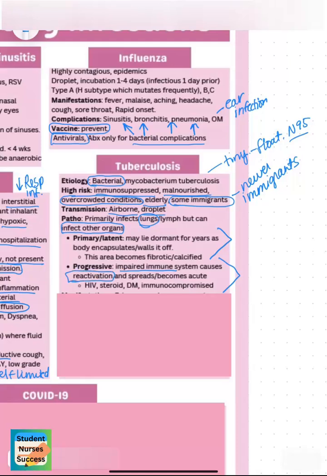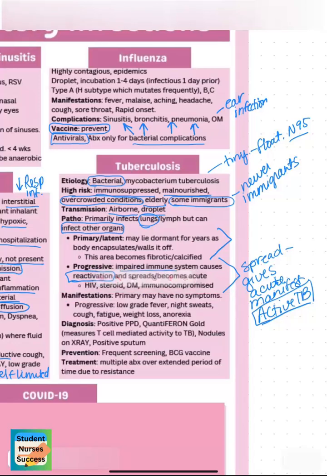And when it reactivates, it breaks loose, it starts to spread, and it gives you acute symptoms or acute manifestations. So at this point, it becomes what we call active TB. Active TB is the TB that can spread from person to person. So if you're living in close quarters and you're coughing, those little tiny mycobacterium are floating in the air and other people are getting it.